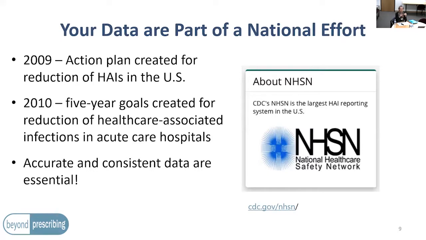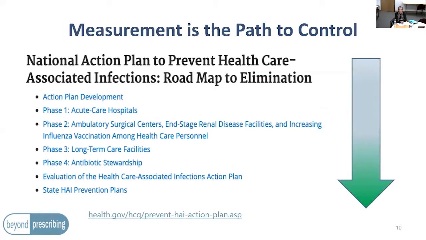But it really starts with you looking at your data critically and making sure that they're accurate and collected consistently and correctly. So the National Action Plan, which is there on health.gov, started in acute care hospitals, moved into ambulatory surgical centers, dialysis facilities, talked about increasing influenza vaccination among healthcare personnel across the board.